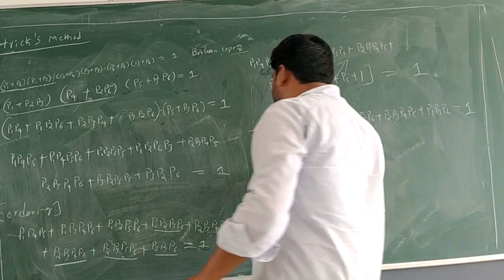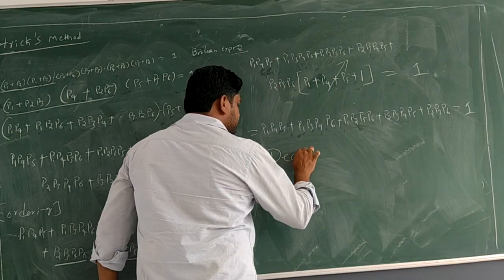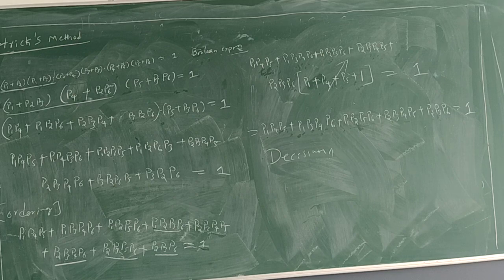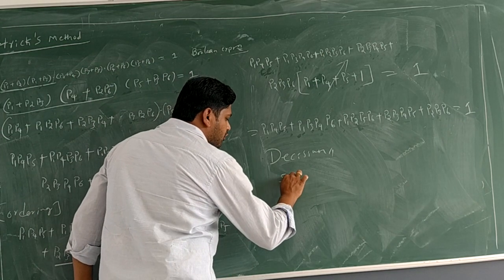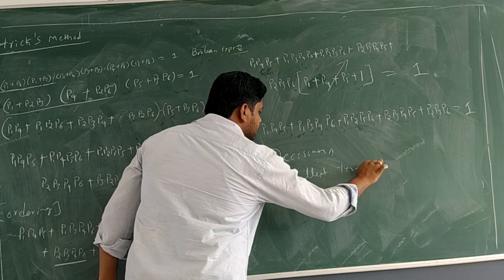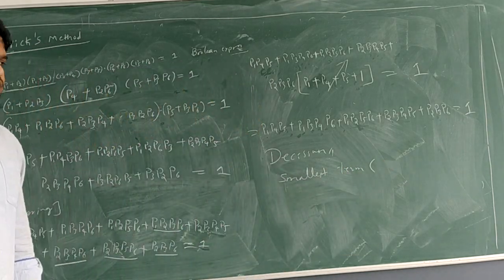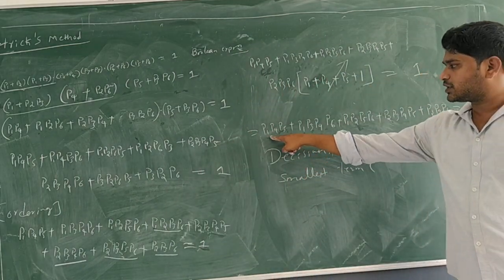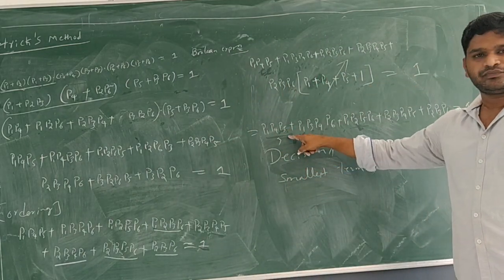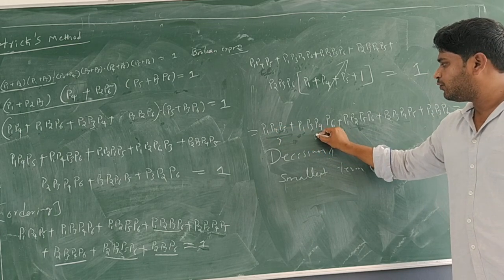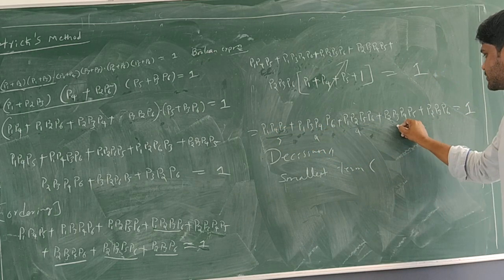Now here is the decision. This step leads us to the sub-step of decision. So try to take the smallest term. What is the smallest term? How to find out? See, how many Petrick terms are here? 3, because P1, P4, P5. Next Petrick term is 4. Next 4.